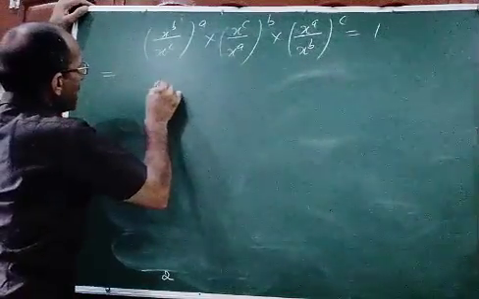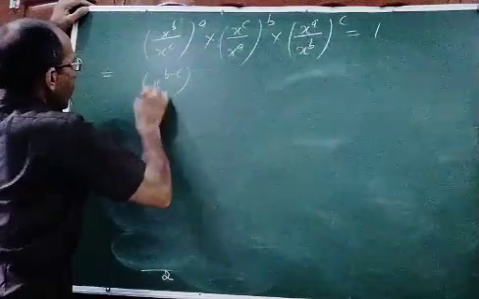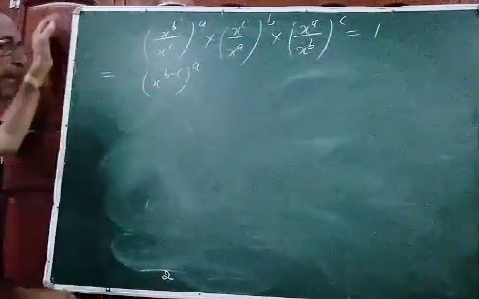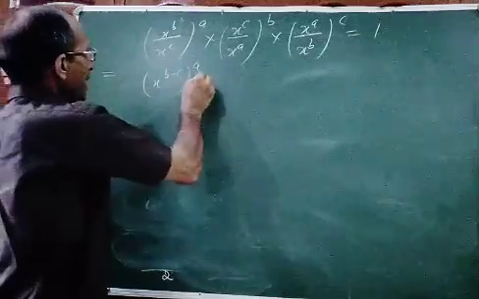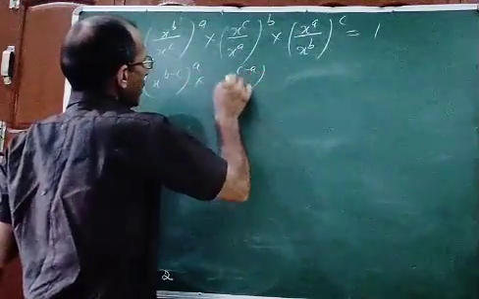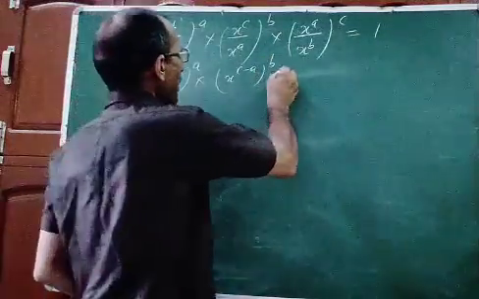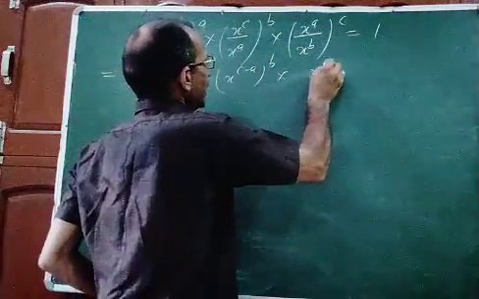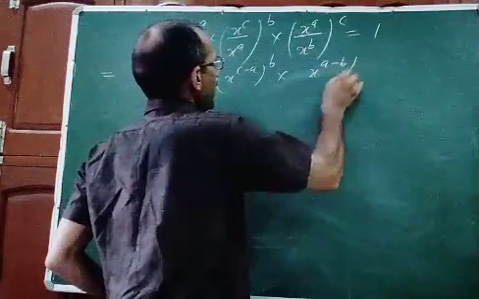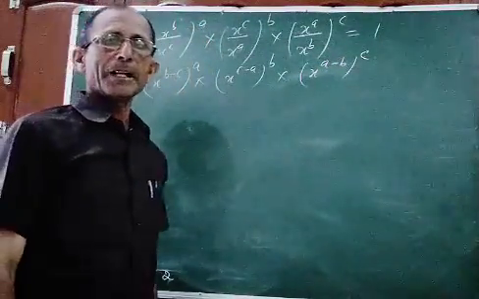So solution of this one will be x raised to the power b minus c whole power a. And this one x raised to the power c minus a whole power b. X raised to the power a minus b whole power c. Any doubt, any confusion?